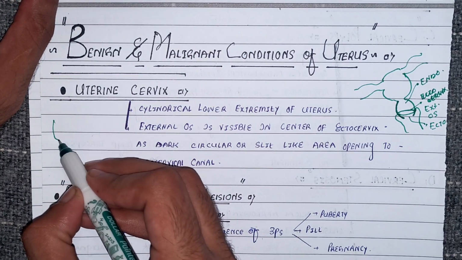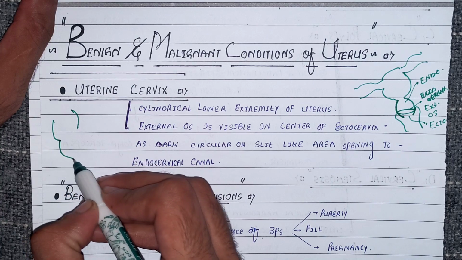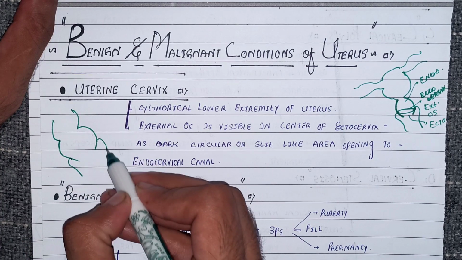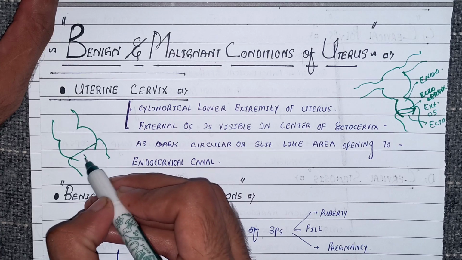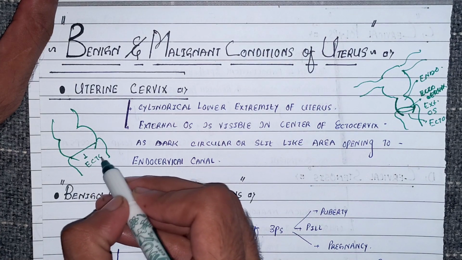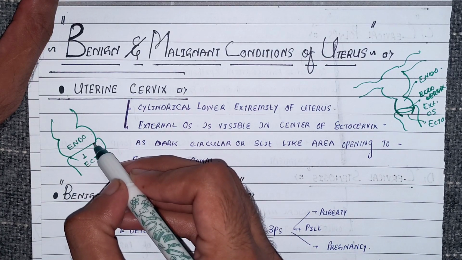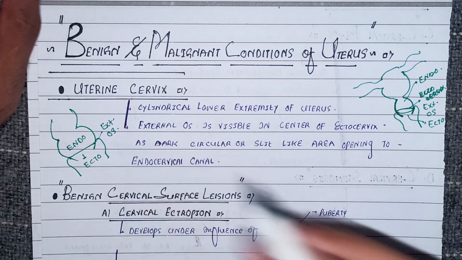This is the uterus, the cavity, and this is the cervix below. A little part is present inside the vagina. This part inside the vagina is called the ectocervix, and this above is the endocervix. In between is the os, which is called the external cervical os.